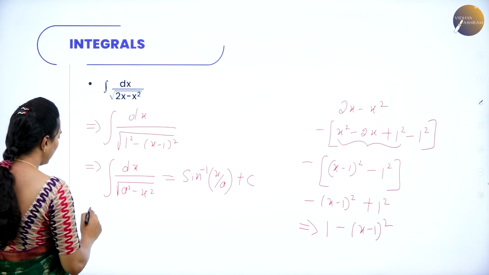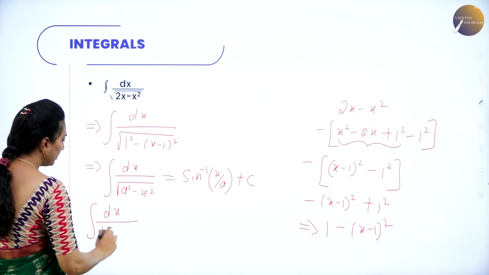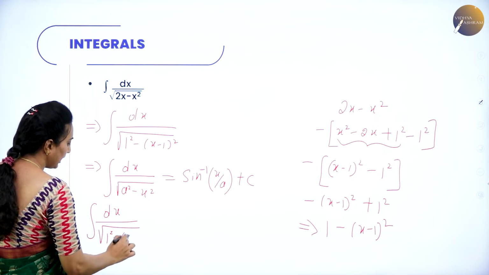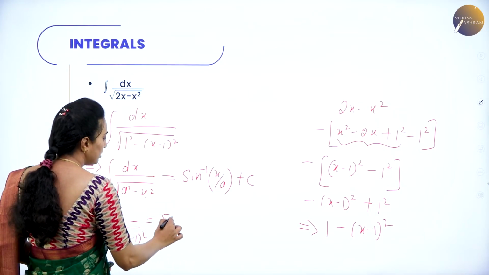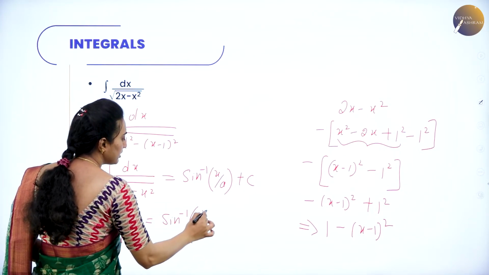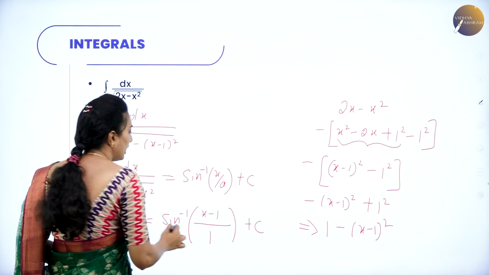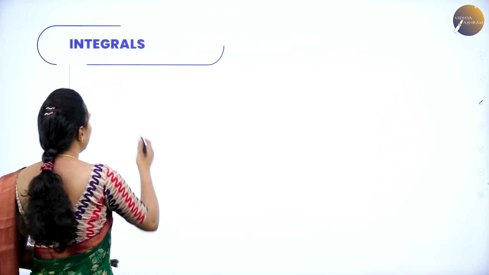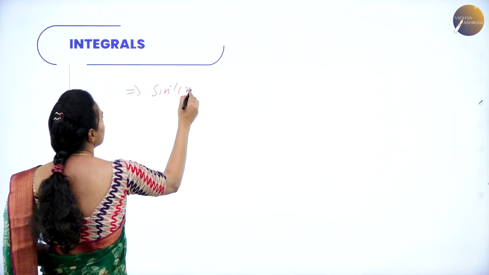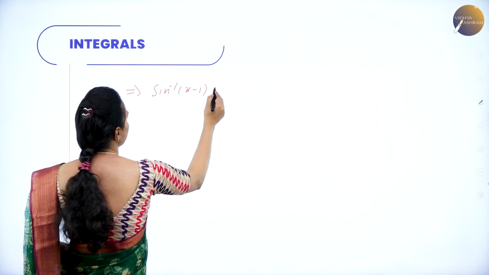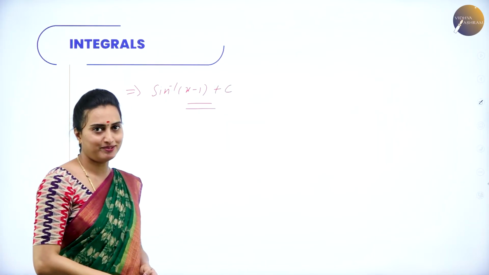So the integral of dx divided by the square root of 1 squared minus x minus 1 whole squared will become sine inverse of x minus 1 divided by 1, plus c. Otherwise, the answer is sine inverse of x minus 1, plus c. And this is your final answer.